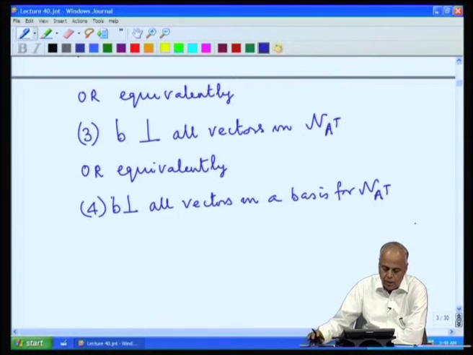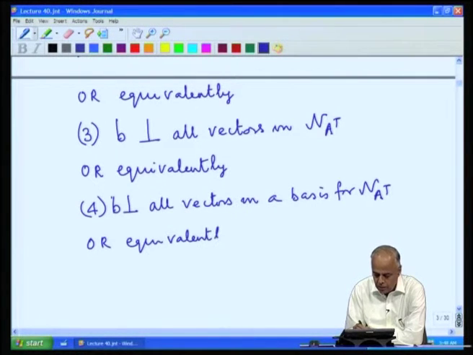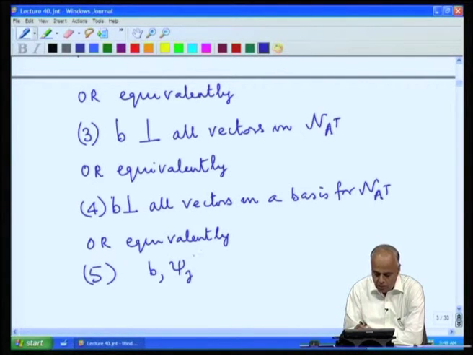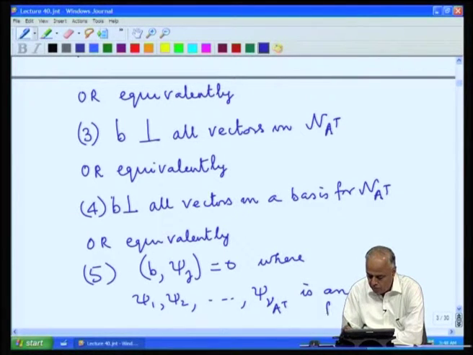In particular, by choosing an orthonormal basis, it should satisfy <B, psi_j> = 0, where psi_1, psi_2, ..., psi_(m-r) is an orthonormal basis for the null space of A transpose.